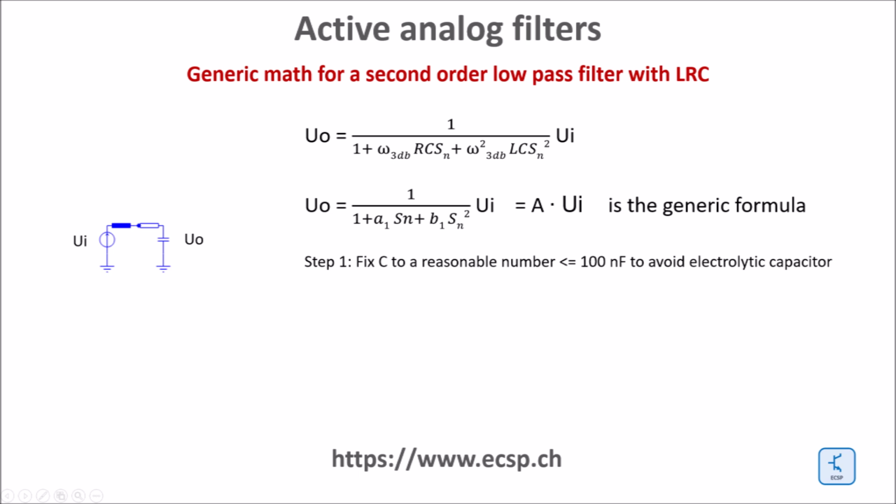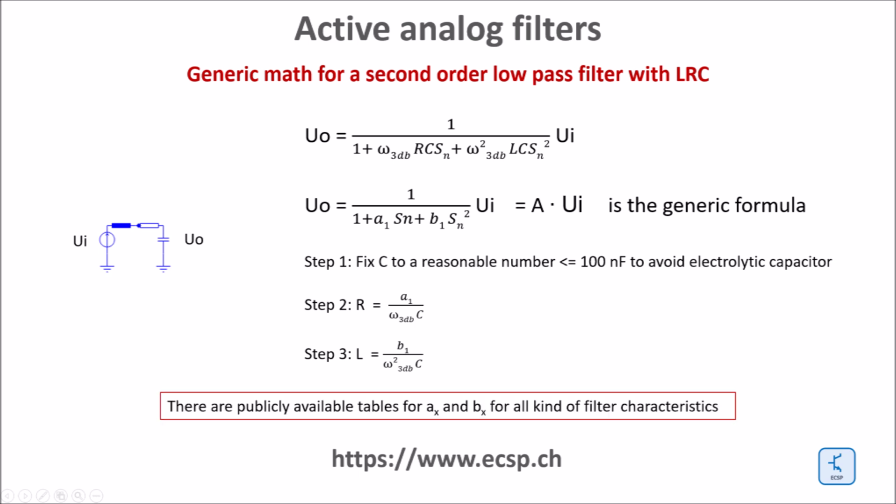So once the filter characteristic is selected by selecting A and B from a table, here is the RLC filter design process. First, start with selecting the capacitor value, preferably smaller than 100 nanofarad. Then determine R and L as per formula derived from above.